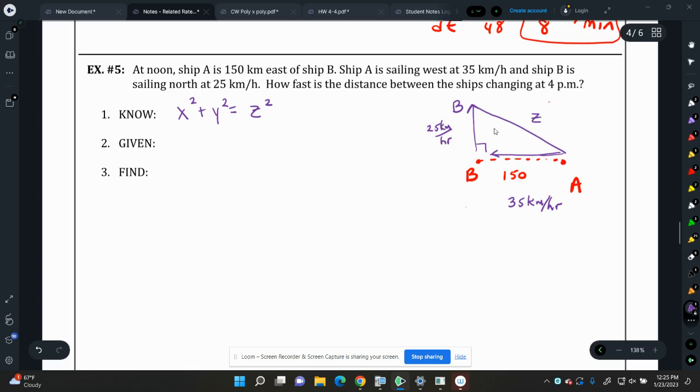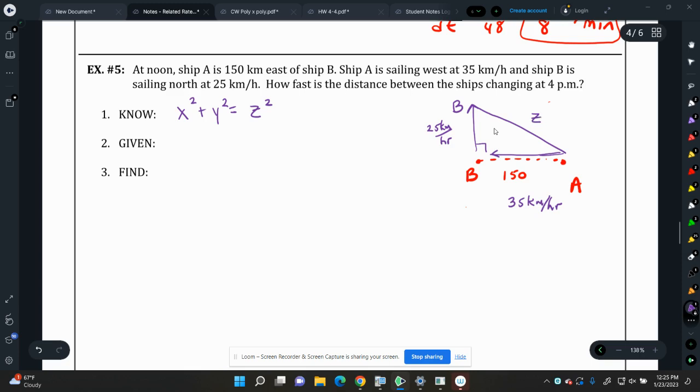2,150 divided by 10. It would be 2. Okay, what's going on, ladies?